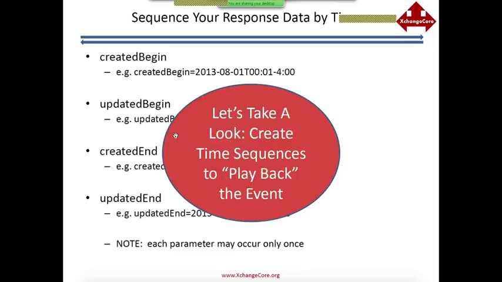This allows you to do a playback of the event. Build a set of these queries and say, okay, this is the first day. Here's the second day. Here's the third day. Here's the fourth day. Very nice ability to set up that type of a sequence.